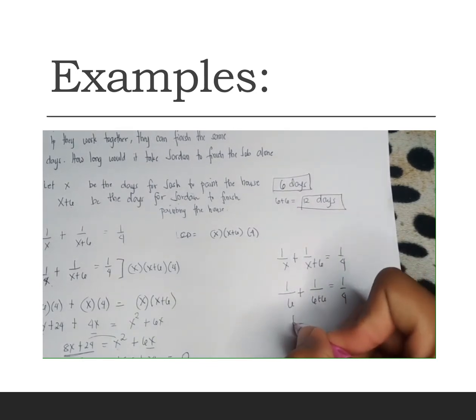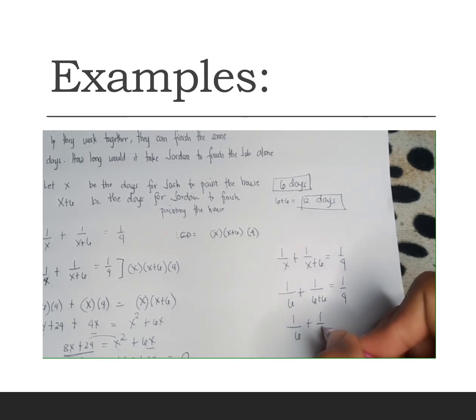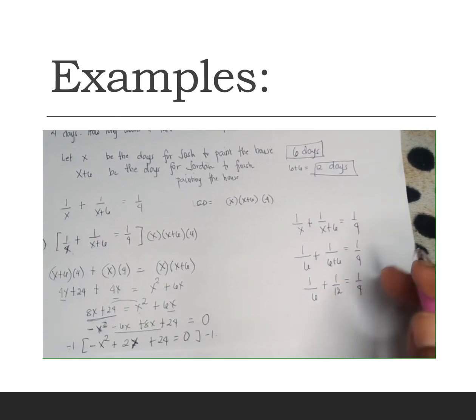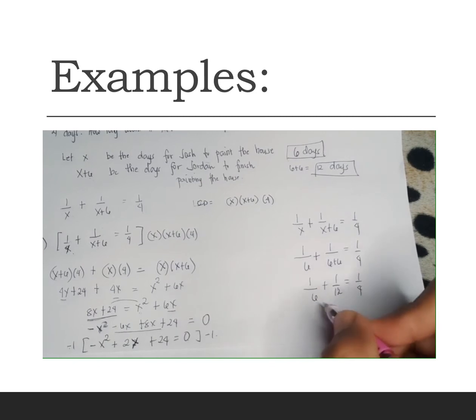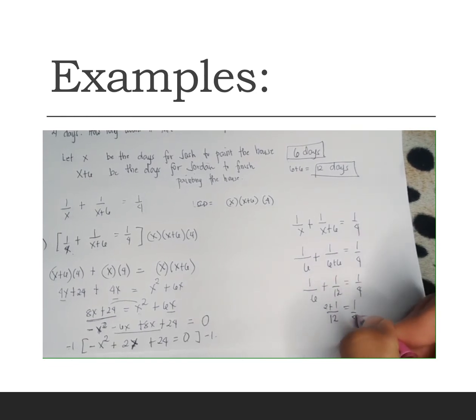Is it true? 1 over 6 plus 1 over 12 is equal to 1 over 4. So get the LCD. What is the LCD of 6 and 12? Of course, 12. 12 divided by 6, 2 times 1 is 2, plus 1.